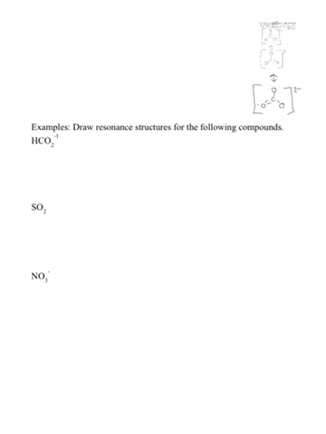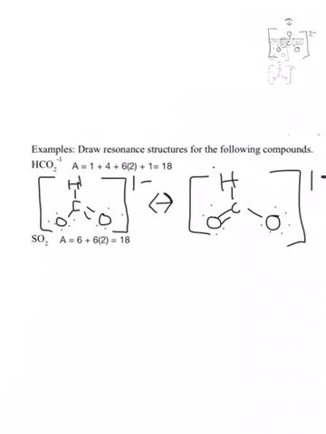So here are 3 other compounds that have resonance structures, so I'm going to draw those for you. I have drawn the Lewis structures, the resonance structures for this molecule here. Notice that this time there are only 2 resonance structures.